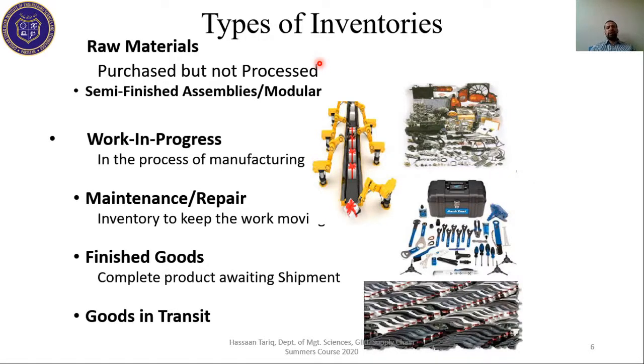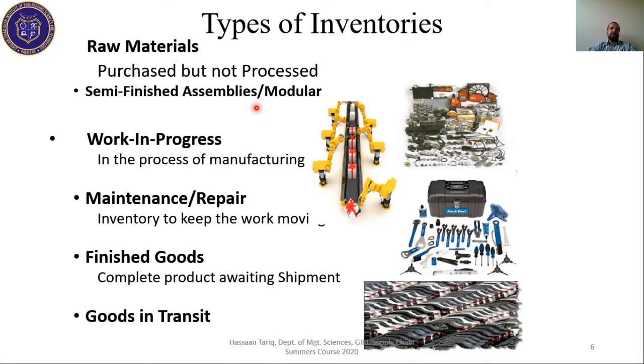In raw material, there is another category that we call semi-finished assemblies or modular assemblies. Semi-finished assembly is more relevant to agile supply chains and lean supply chains, lean manufacturing as well. In the automotive industry, most things are assembled on the assembly line. All the components like the engine, the car seats, the car battery, the handle, the tires are coming as modular components, already processed by the suppliers.